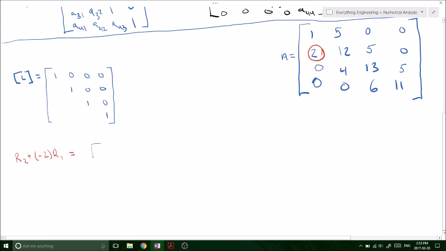So this gives us the top row unchanged, and now we have a 0, and 12 plus negative 10 gives us 2, 5, 0. And the other rows remain unchanged.